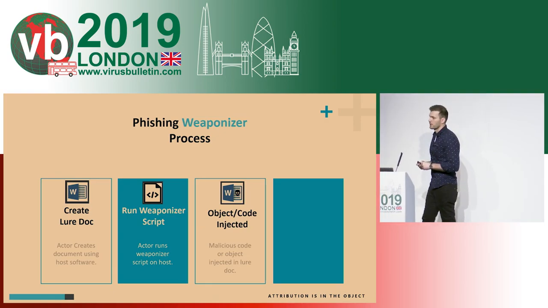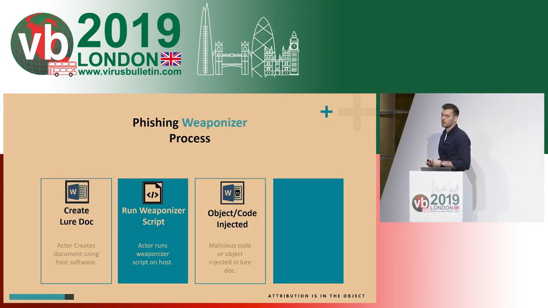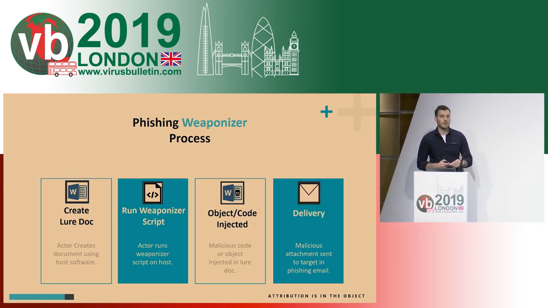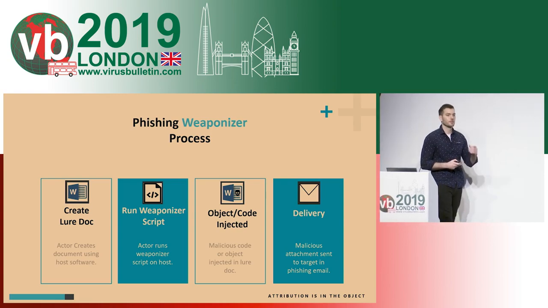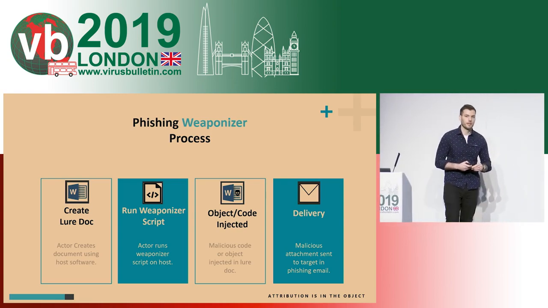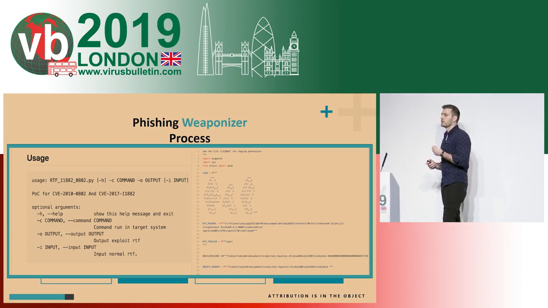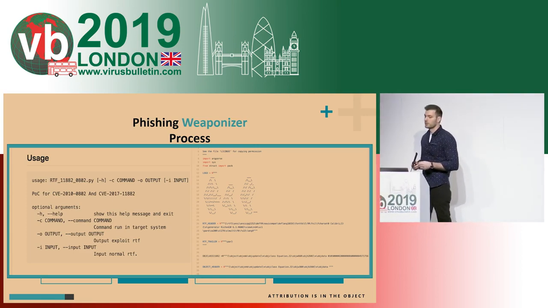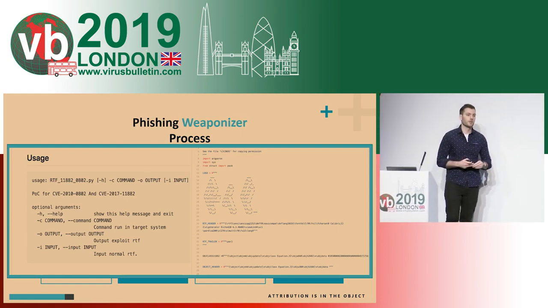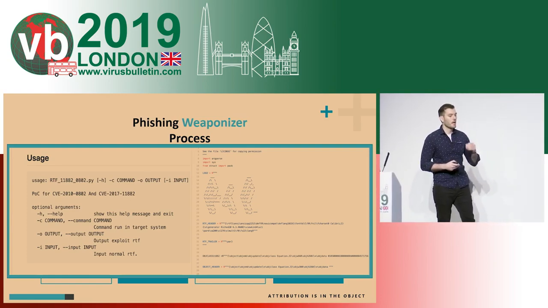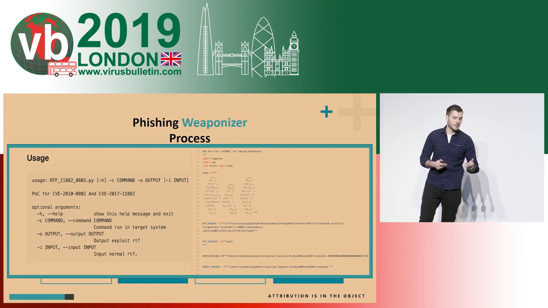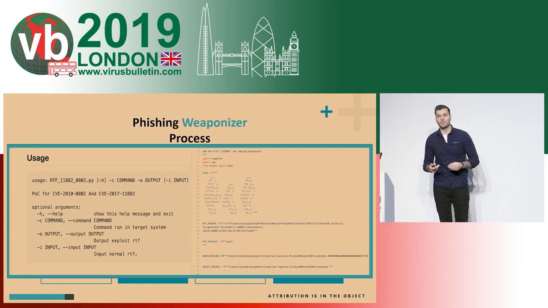This is now a document capable of exploiting a vulnerability or a zero-day. Finally, that document can be attached to an email and delivered to a victim at one of our organizations. To help visualize what these weaponizers look like, these are two different scripts for equation editor exploits that inject these CVE exploits into RTF files.